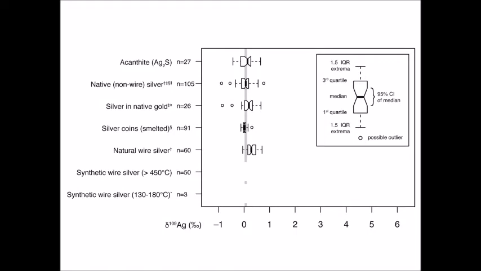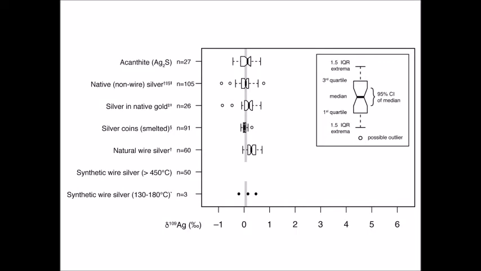Now, more interestingly is if we compare the results of our synthetic wire silver experiments. Those that were grown by the hydrothermal method at lower temperatures, 130 to 180 degrees Celsius, show similar values to natural wire silvers, although we don't have many analysis points there, so there's not a good comparison.